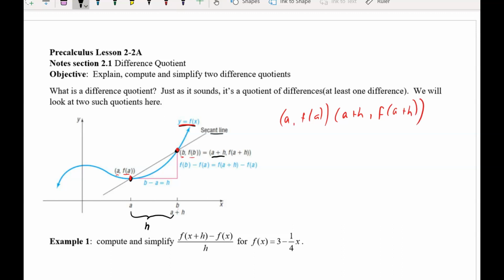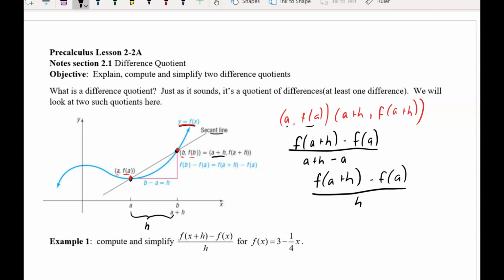Okay, so if those are our 2 points, then to find the slope of those 2 points, we would take the difference in the y's, which would be f of a plus h, minus the other one, which is f of a, over the difference in the x's, which is a plus h, minus the other one, which is a. And this simplifies to the difference quotient that we're going to be working on first, which is f of a plus h minus f of a over h.